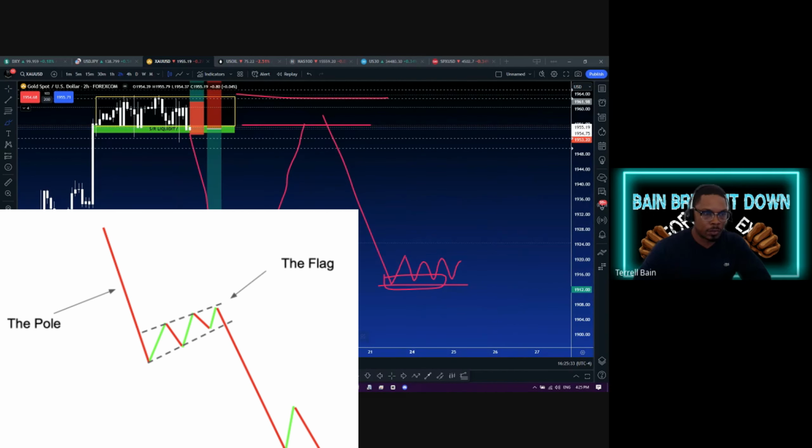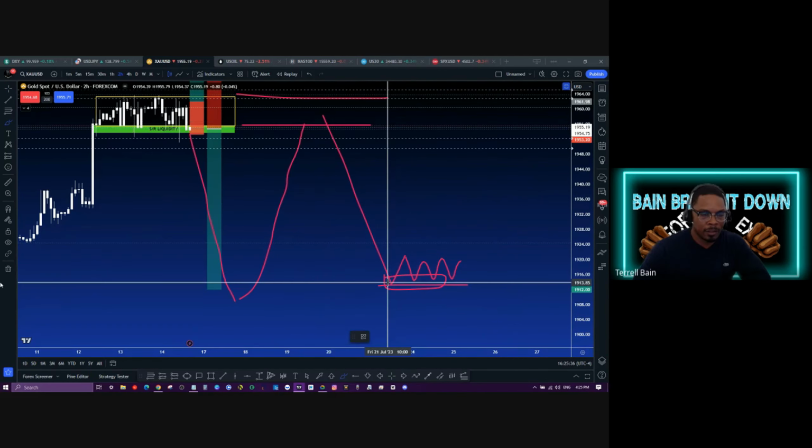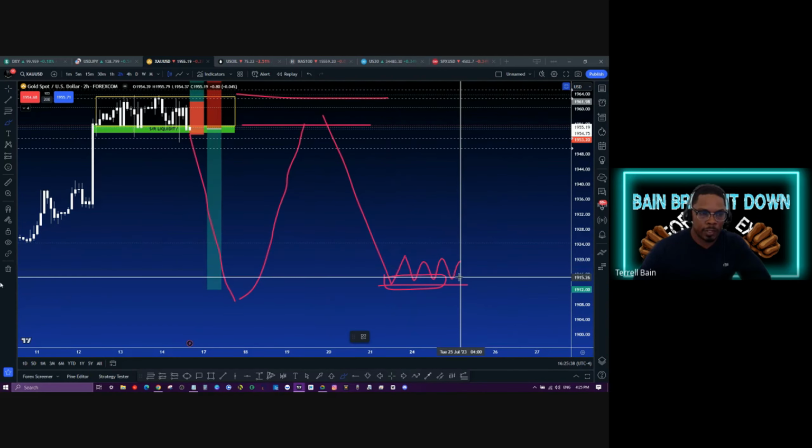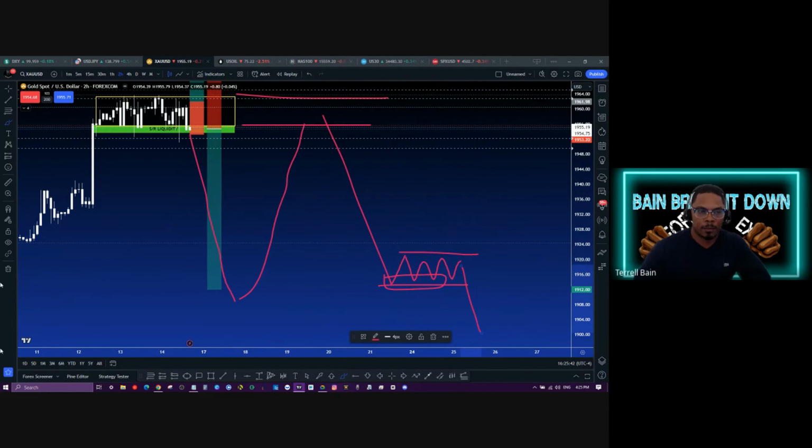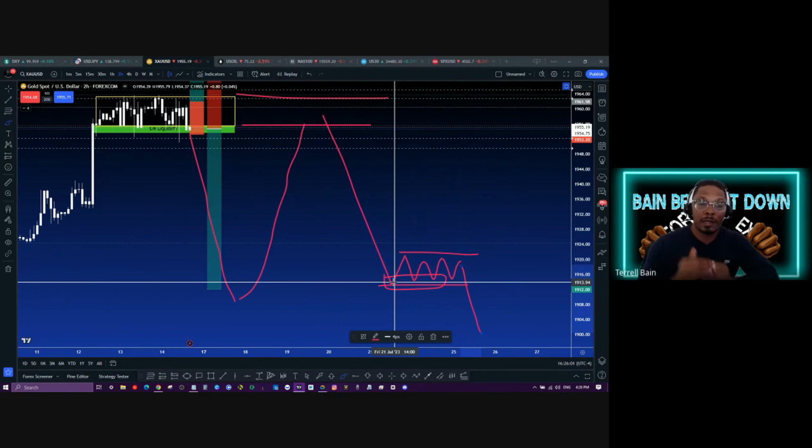There's the pole, you get a bit of consolidation, and then a breakout to the downside. That whole pattern, the pole, the flag, and the breakout, is the bearish flag pattern. But when he sees price tapping, tapping, tapping, he's going to put a line there to represent his level of support. This is an area where price is just holding up.